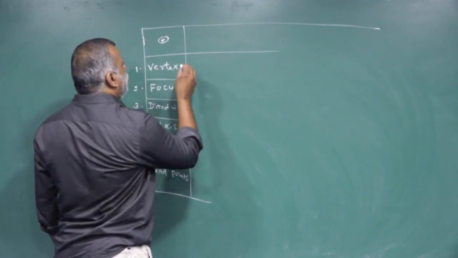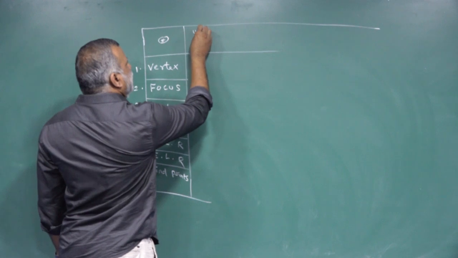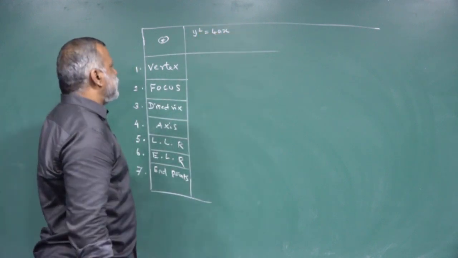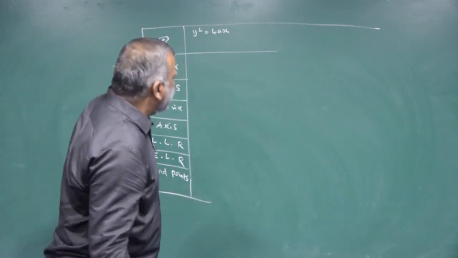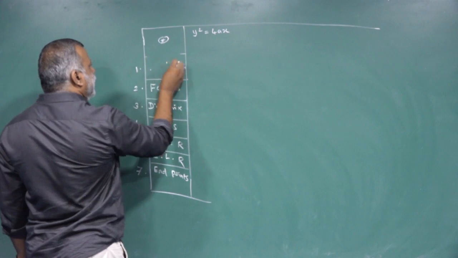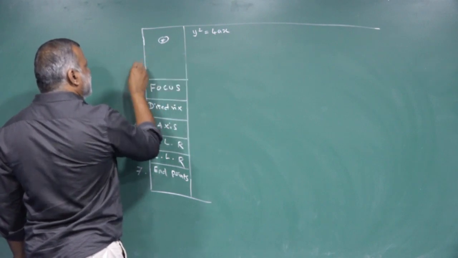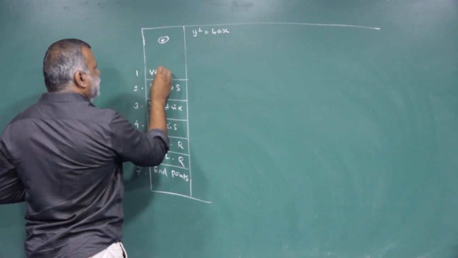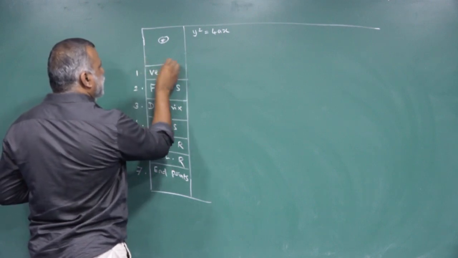Now, type number 1, y squared equal to 4ax. You can draw a rough diagram immediately, then you are able to get very simple knowledge. Draw a simple diagram here: this is the x-axis, the directrix, this is the y-axis, the vertex, and this is the focus. Immediately you can recall the diagram.